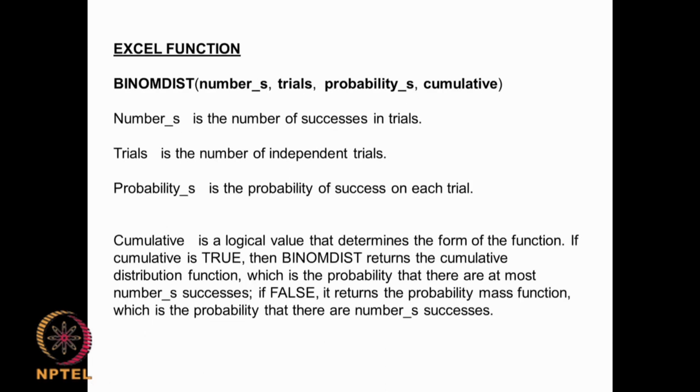Now you can do the same calculation using Excel as well. Excel has a function called BINOM.DIST. This is the function. There are 4 terms inside it: number_s is the number of successes, trials is the total number, probability_s is the probability, and cumulative you can say true or false.